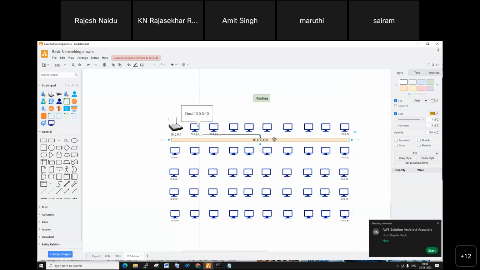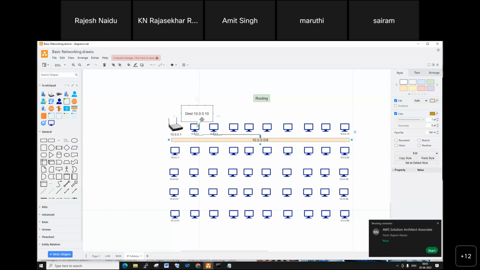This is a network subnetting concept. I will explain the network subnetting concept tomorrow with the VPC on AWS cloud. Today I will explain how the systems communicate.